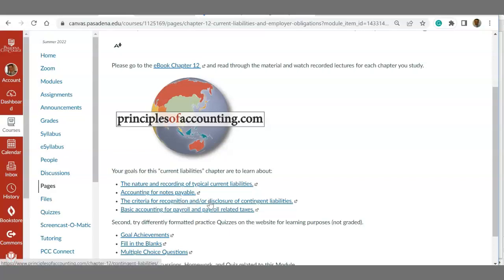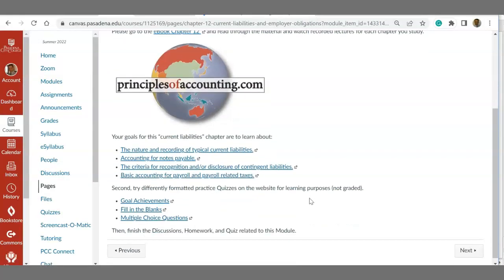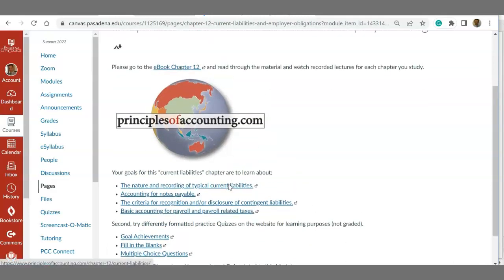Contingent liabilities, we're going to look at those, and also look at payroll and payroll-related taxes. If you don't take the payroll class with me, then this will be your only payroll chapter where you're going to learn something about payroll. Let's go.